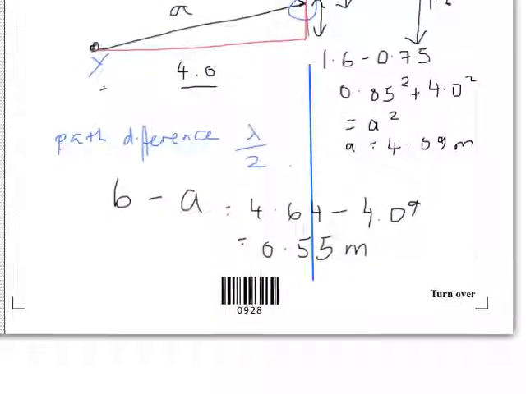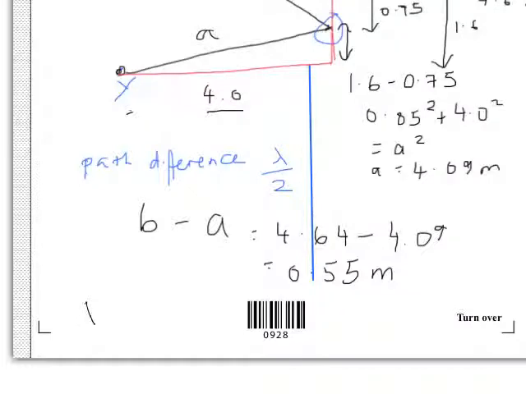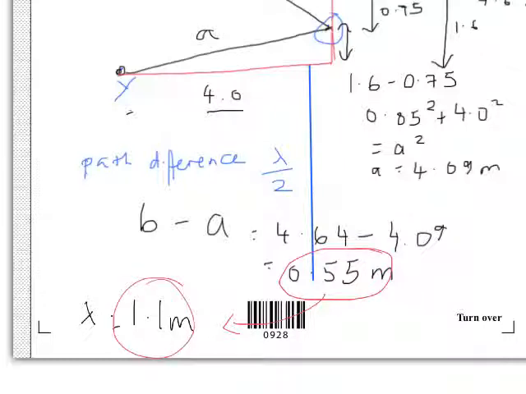And if you look at the wavelength given on the previous page, it's 1.1 meters, and this is half of that. So we've definitely got destructive interference, because this is half of this. It's a lot for a few marks.